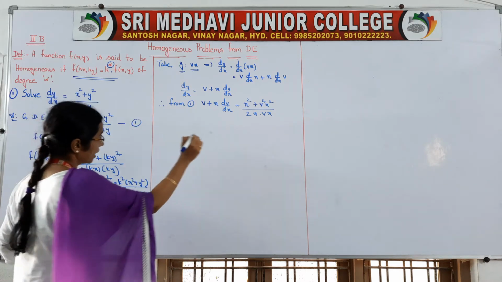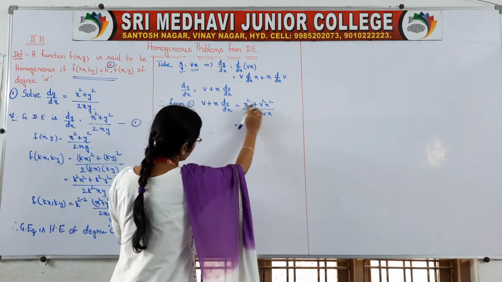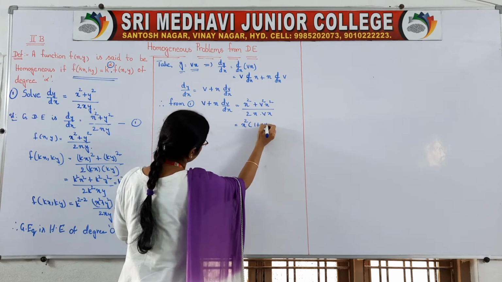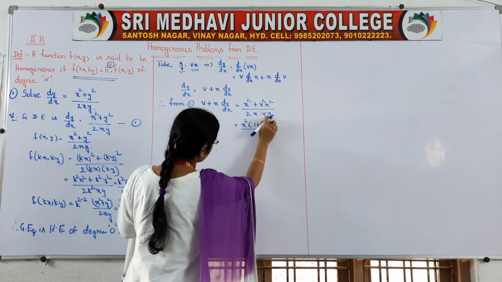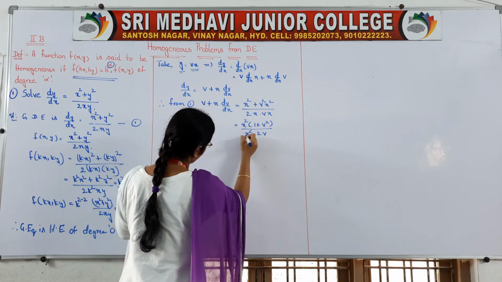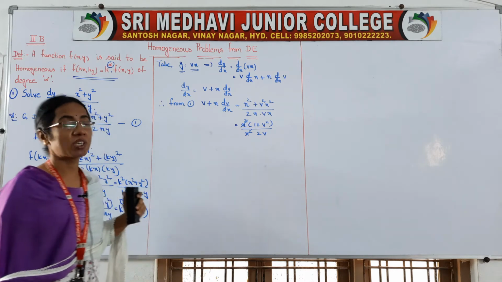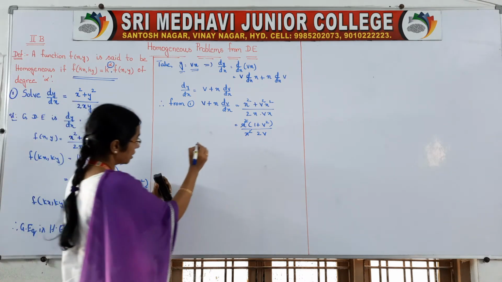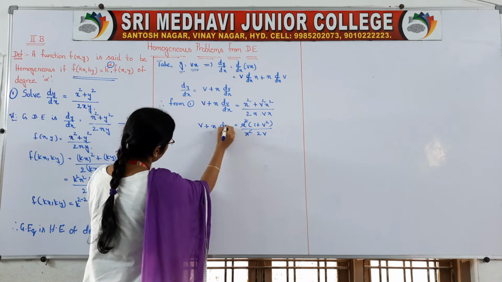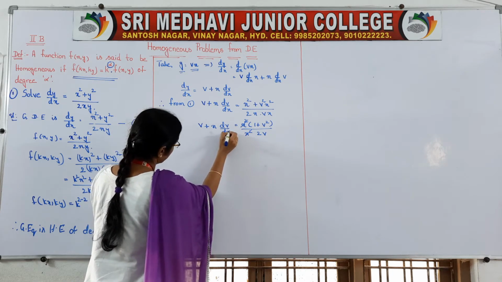So it is equal to, from the numerator we can take x square common, 1 plus v square, and from the denominator also we can take x square common, it is 2v. x square cancels, right? So it is v plus x dv by dx.